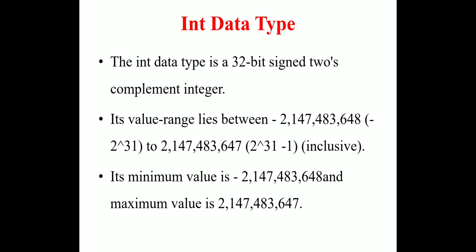Then the int data type. The int data type is a 32-bit signed two's complement integer. Here the value ranges from minus 2 raised to 31 to 2 raised to 31 minus 1.